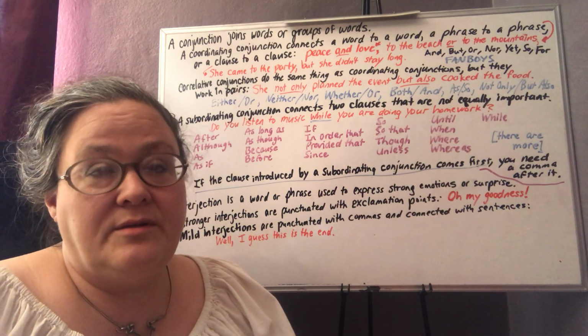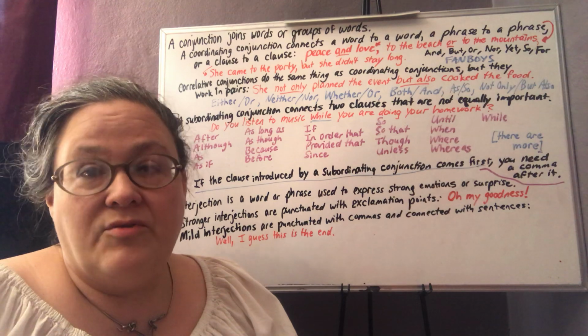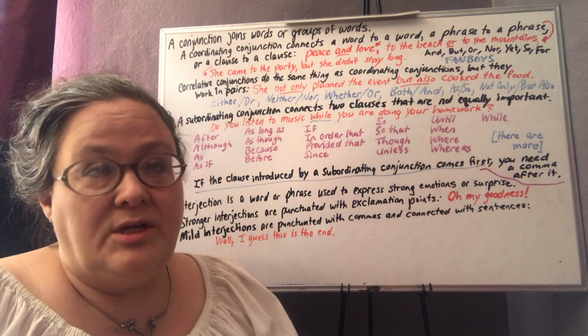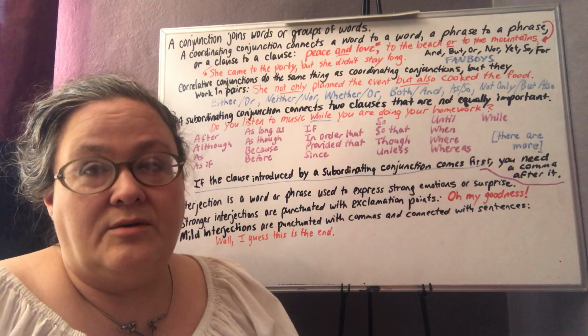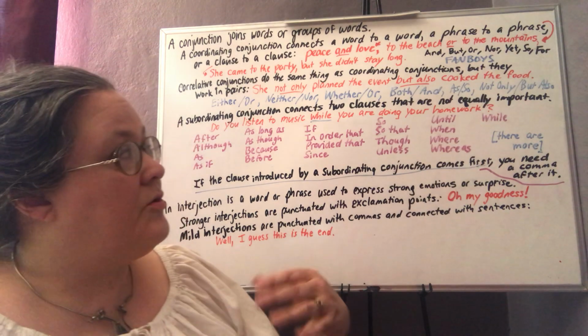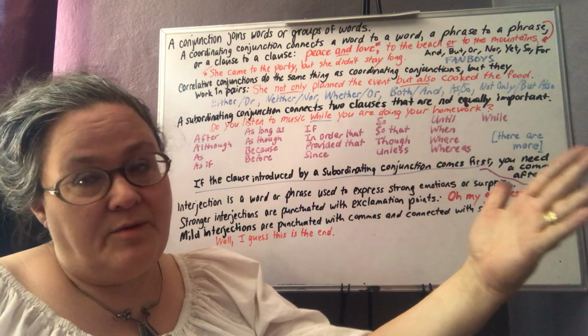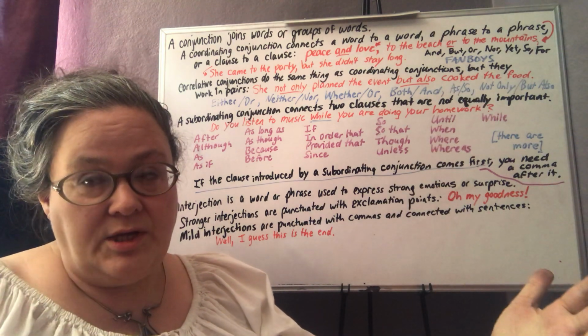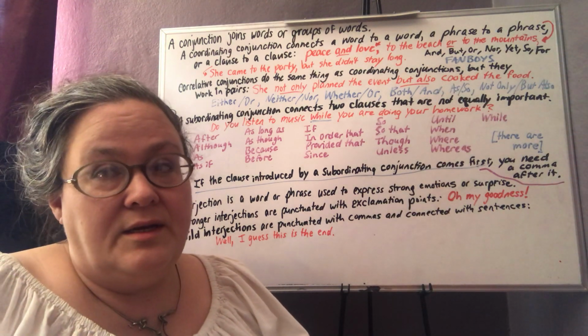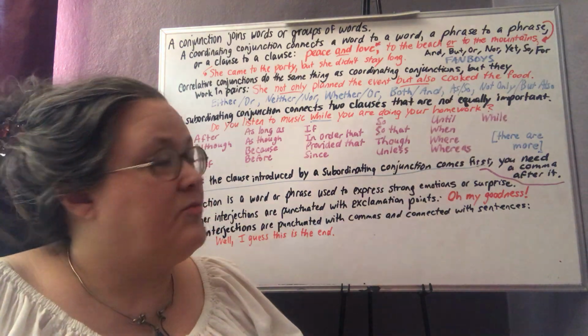Standing on the mountain and looking over the city, Sheila was happy to see what she saw. So, standing on the mountain is a participial phrase. Looking over the city is a participial phrase, and we join them.